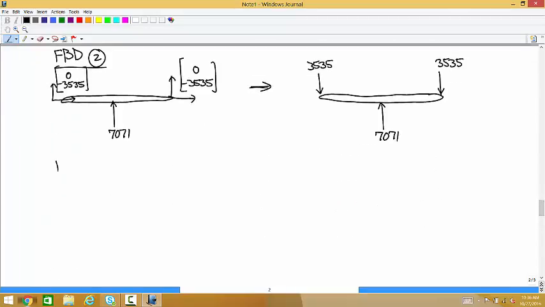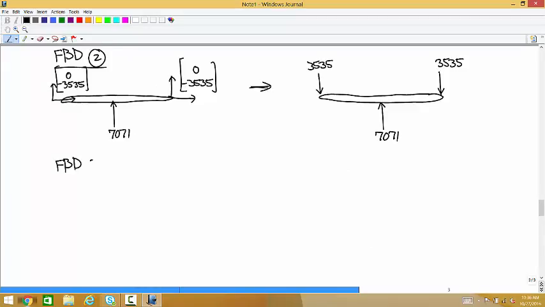And then the last one, member 3. We have negative F13 here. So that's 3,535, 0. And at the bottom we have negative F23.